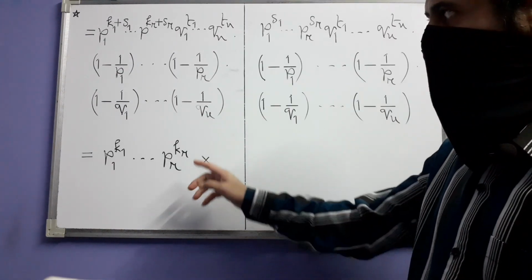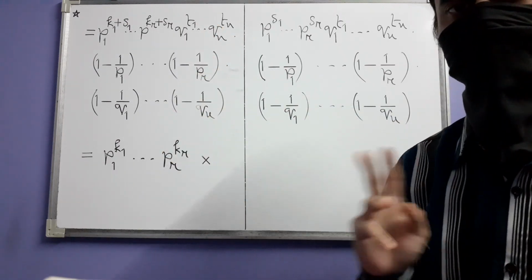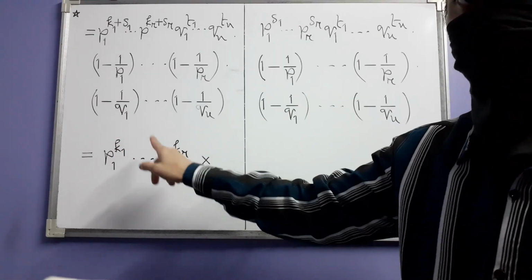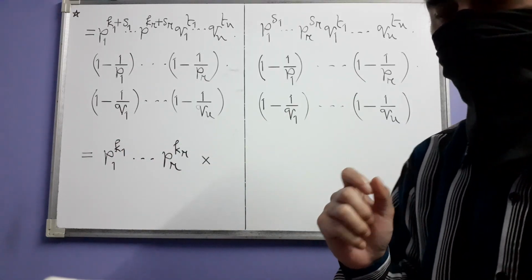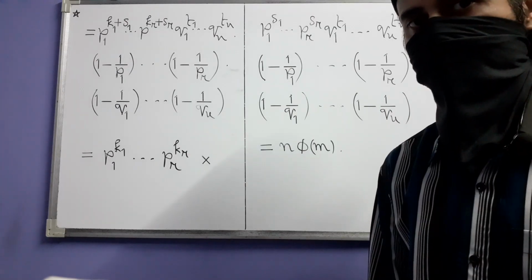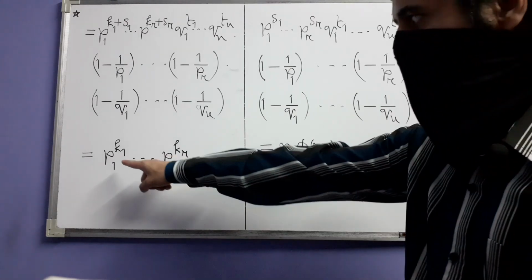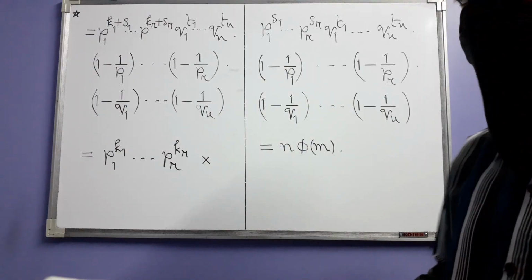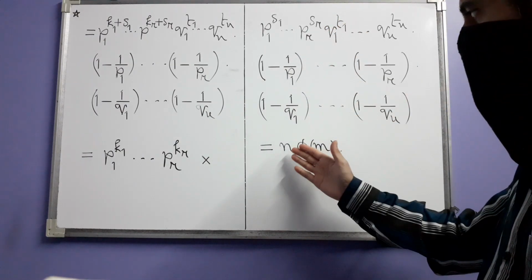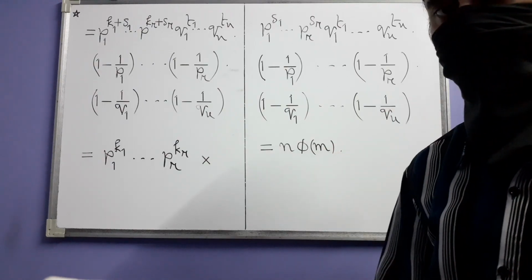Then in the next step, we segregate this entire thing into two parts. We keep these powers of p's, where the exponents are k's, together and write the rest separately. And finally, you notice that this is nothing but n, and this part is phi of n. So that's how you get n times phi of n as phi of nm.